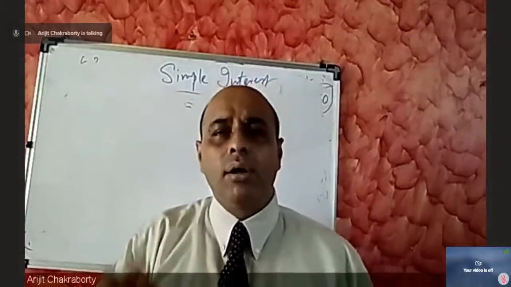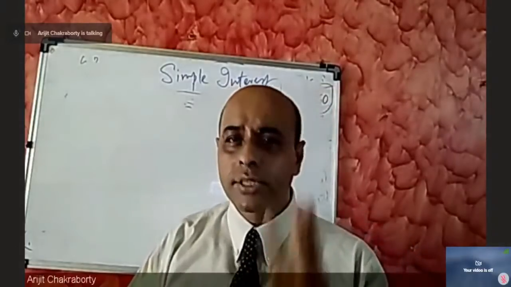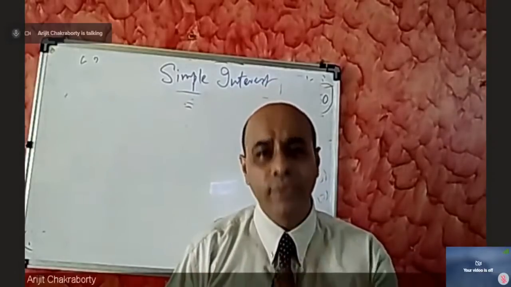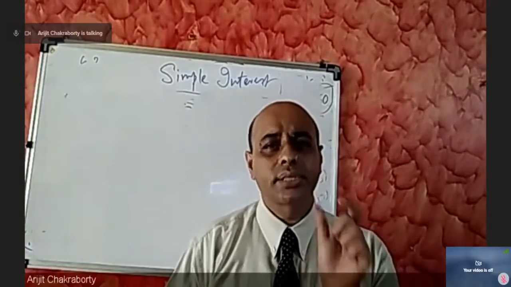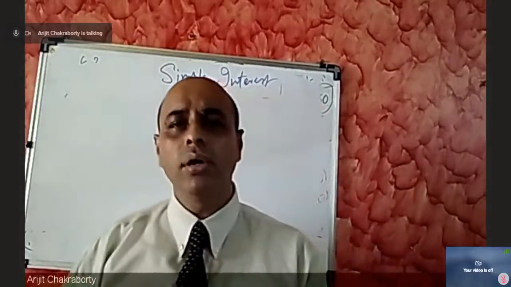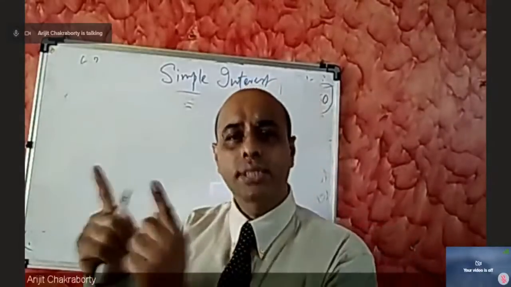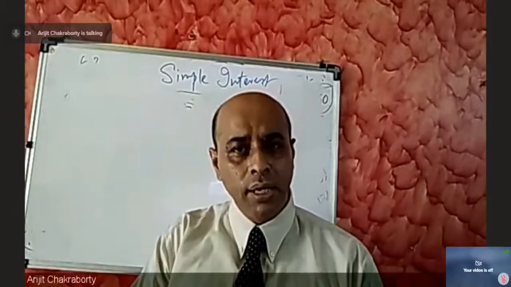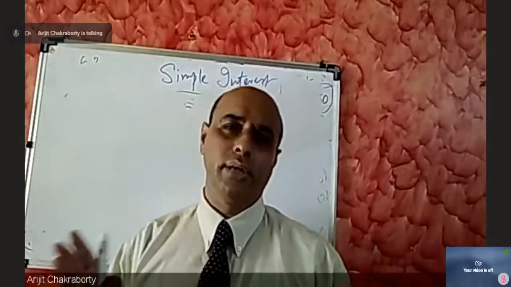We are now focusing on simple interest, and we have three concepts. First is the principal, the money taken on loan or given on loan; i, the interest rate; and T, the time for which the money is borrowed or given as loan. So we are dealing with principal, interest, time, and we saw that accumulated balance is equal to the principal plus the interest earned on the principal during that time.